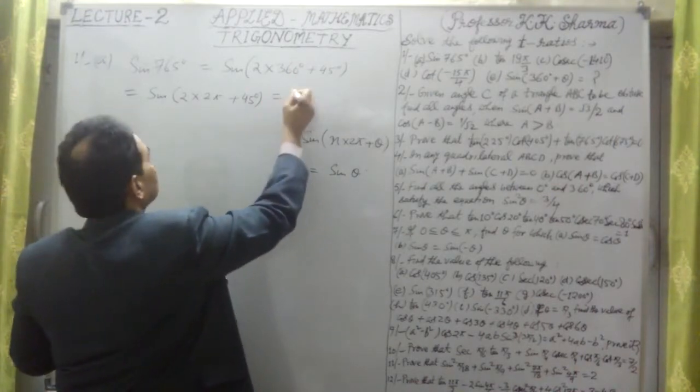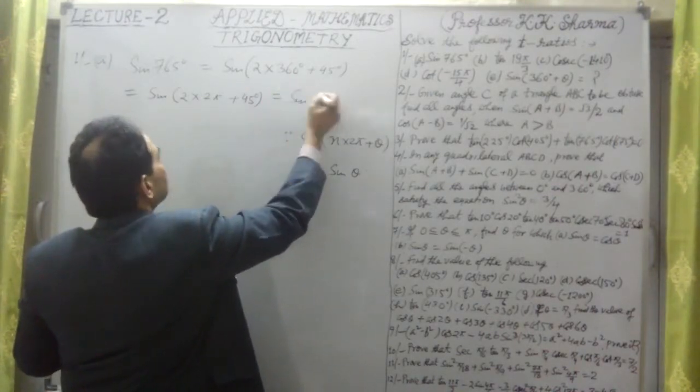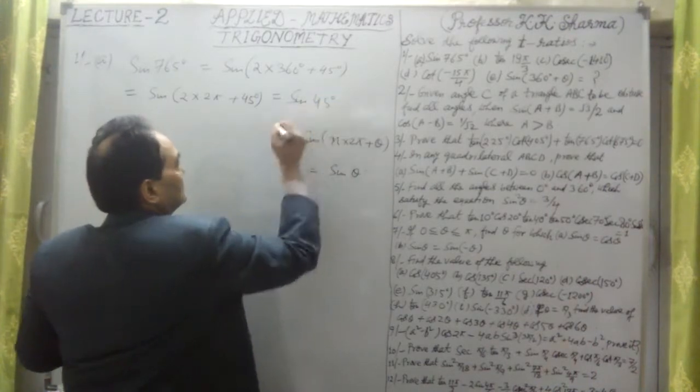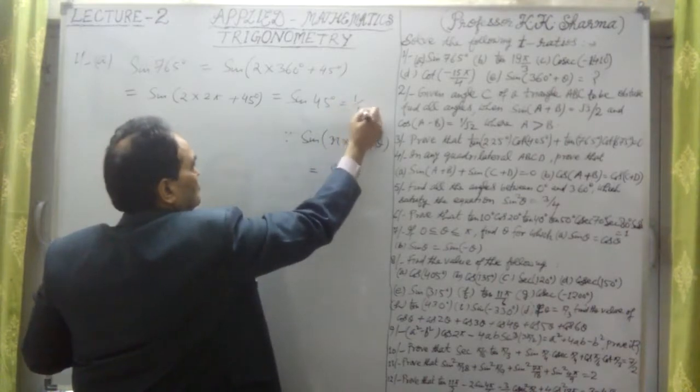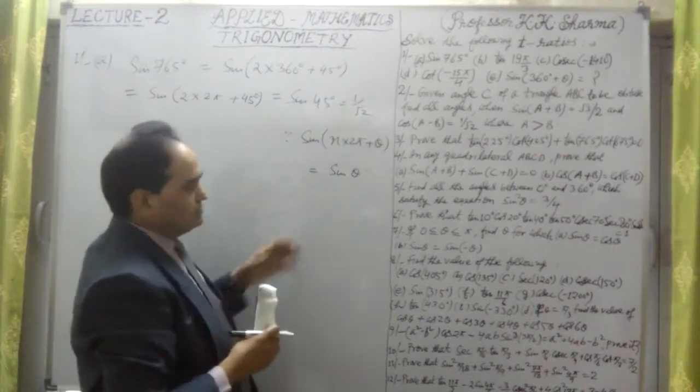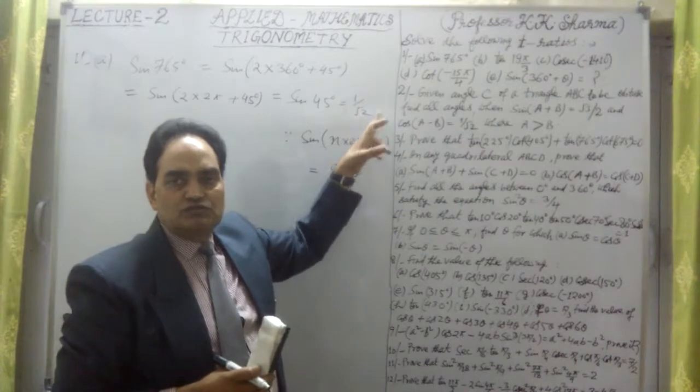This is nothing but sine of 45 degrees. Now we know that sine 45 degrees is 1 by root 2.